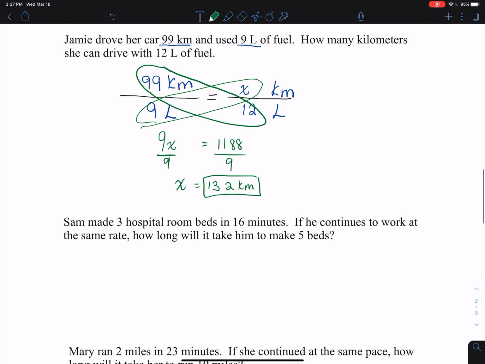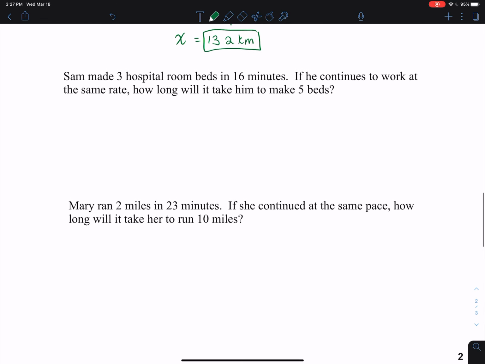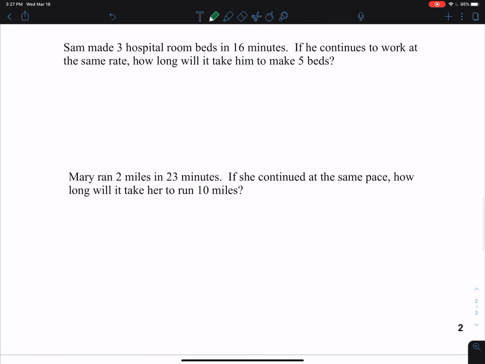If I look at this next example, it says Sam made 3 hospital room beds in 16 minutes. If he continues to work at the same rate, how long will it take him to make 5 beds? So in this case, we're comparing hospital room beds and time. So that first situation tells me that this person, Sam, can make 3 beds in 16 minutes.